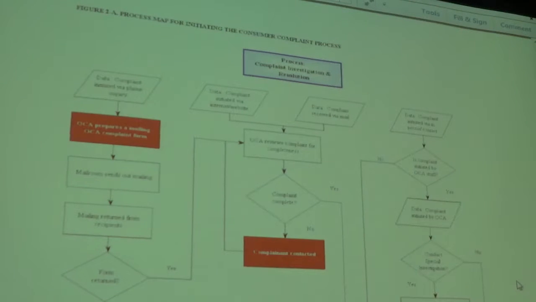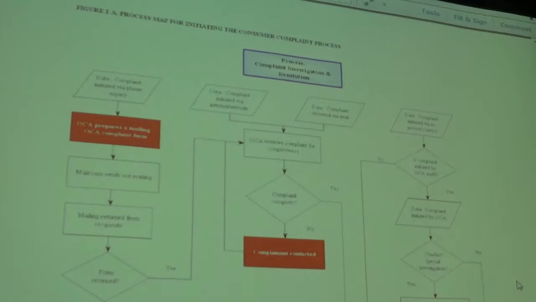That generates a different task and activity. A consumer can mail his or her complaint. Again, that starts particular tasks and activities. And a person can have a personal contact, go into the office, and initiate the consumer complaint.